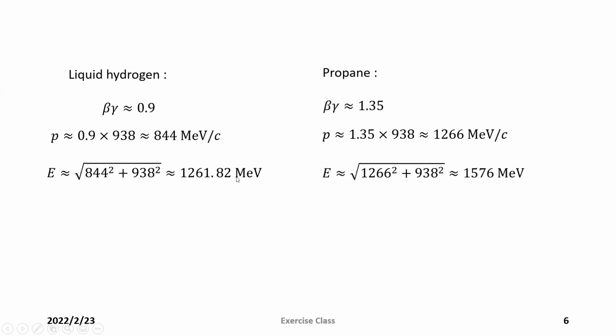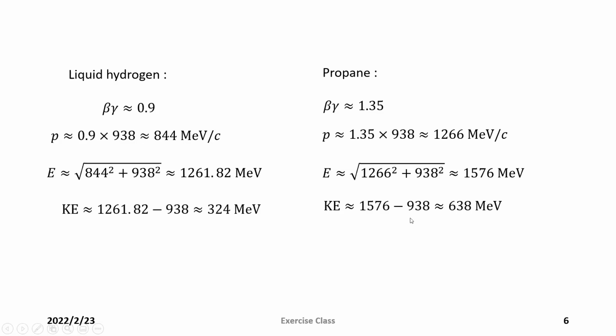From the momentum, we can get the total energy by using the energy-momentum relation. Finally, we can subtract the rest mass energy from the total energy to get the KE. This will be the highest possible KE that can be stopped by the chamber.